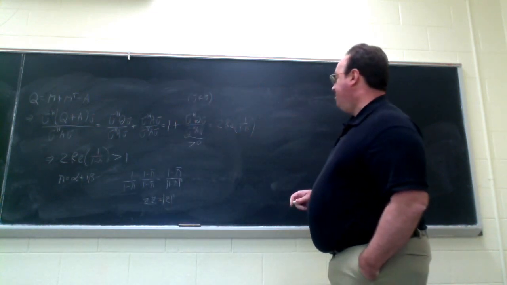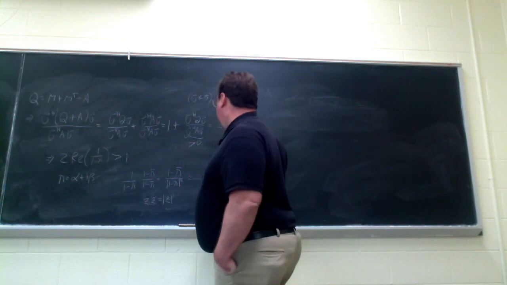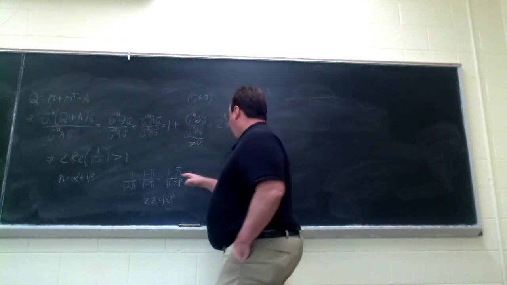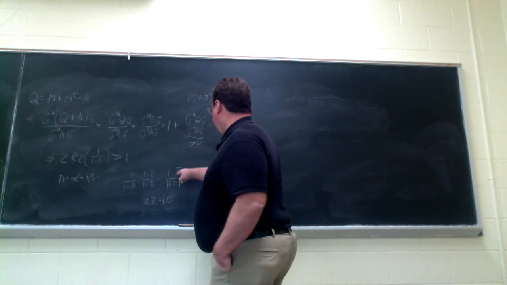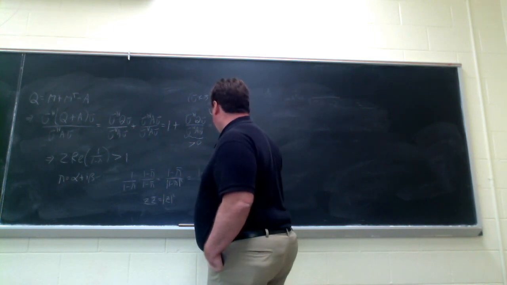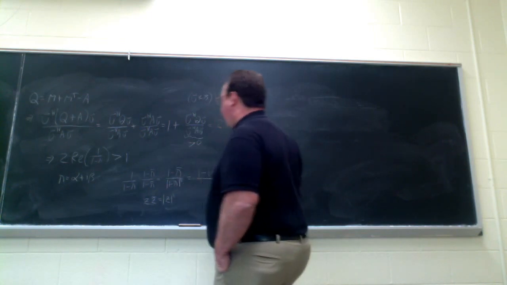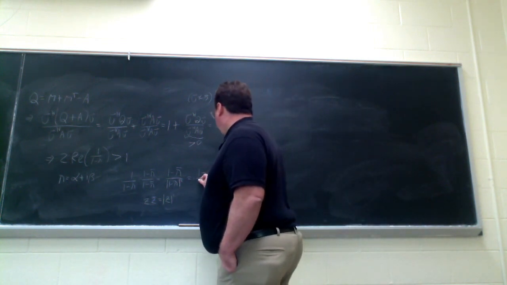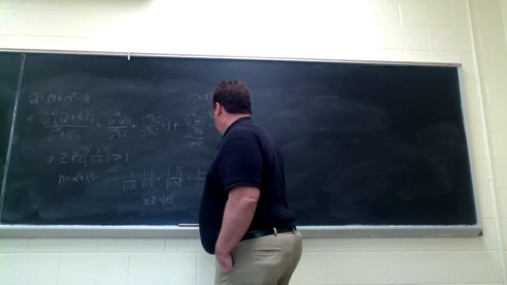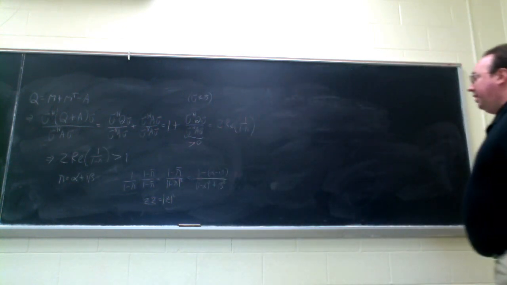And now I can fill in real and imaginary parts. So I have 1 minus, so lambda conjugate is alpha minus i beta. And then the magnitude, or absolute value squared, is just the real part squared plus the imaginary part squared. Okay.